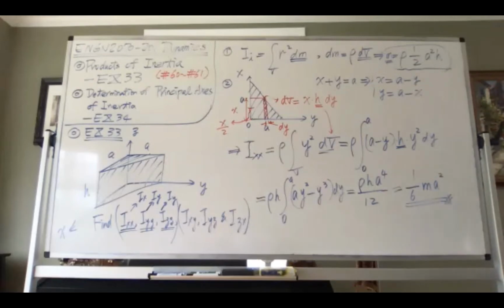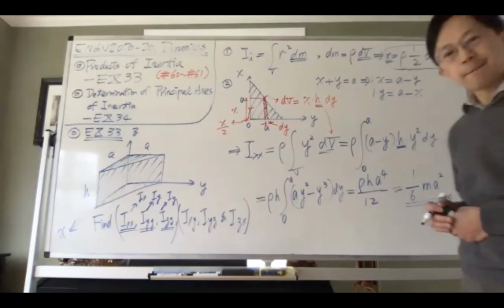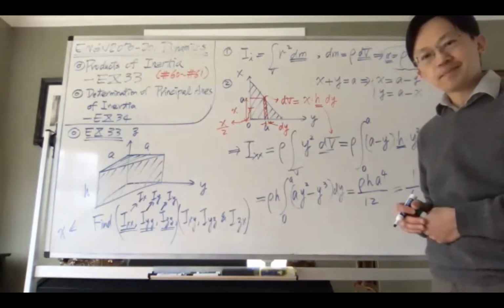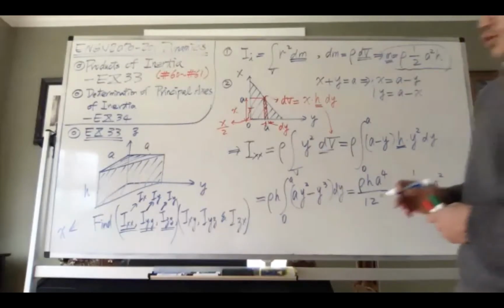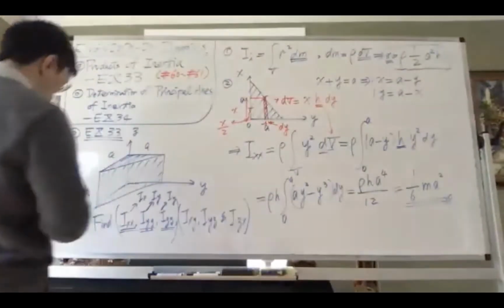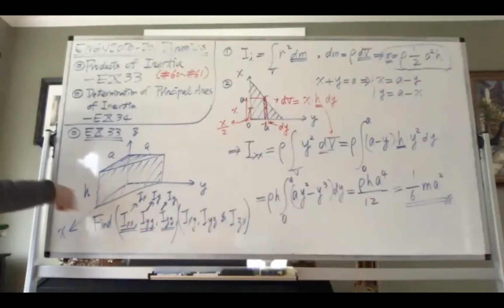Now, if you look at this, what about Iyy? What about the mass moment of inertia with respect to not x but to y? Think about that if you want to rotate this three-dimensional wedge.